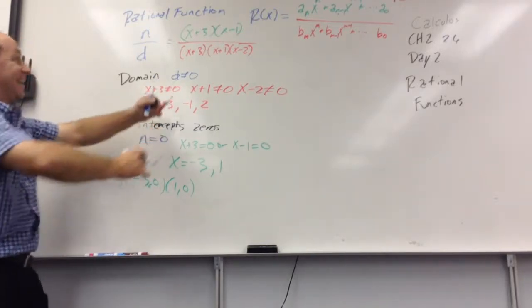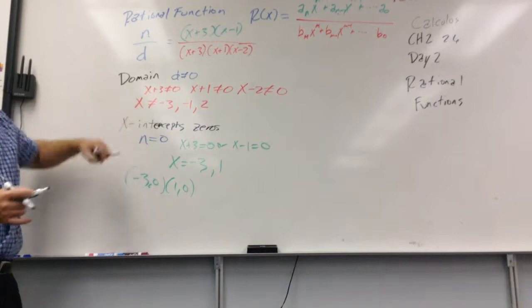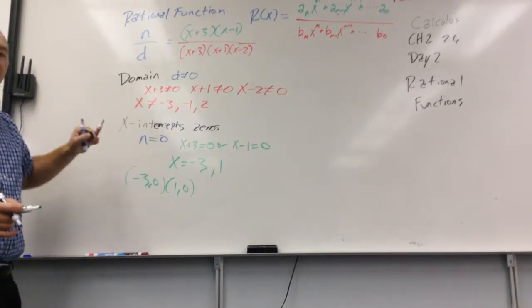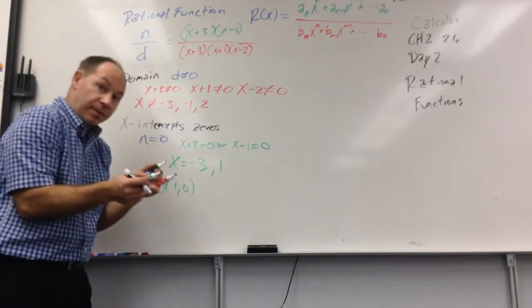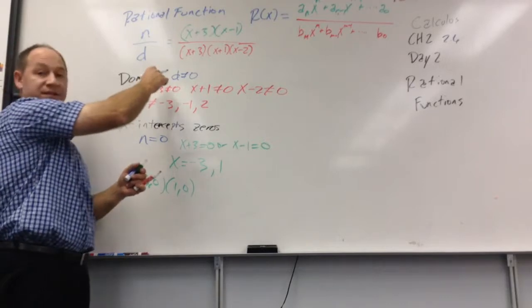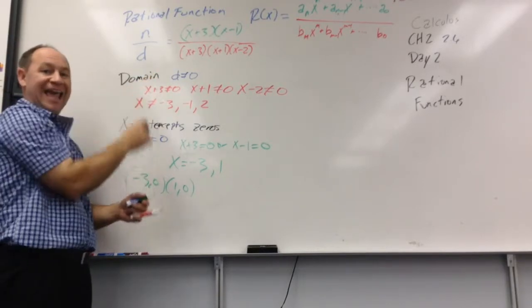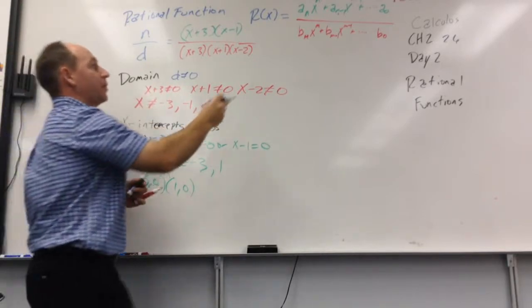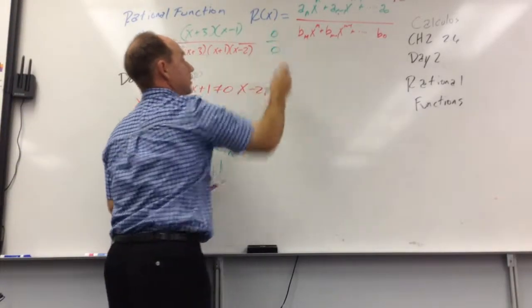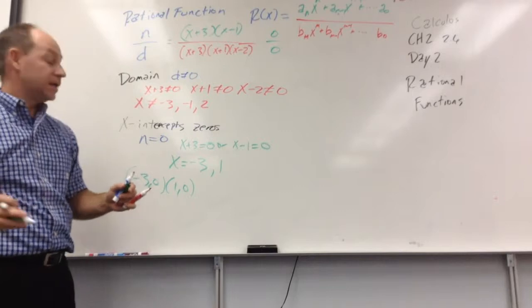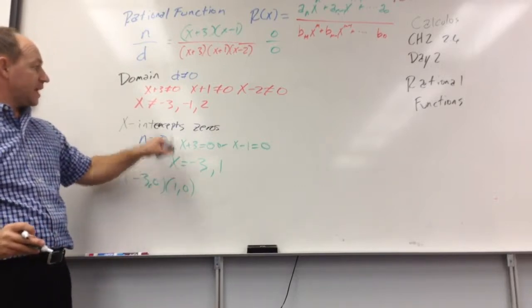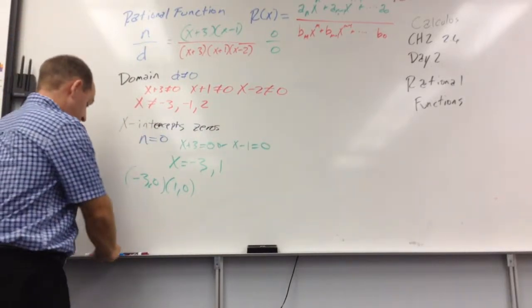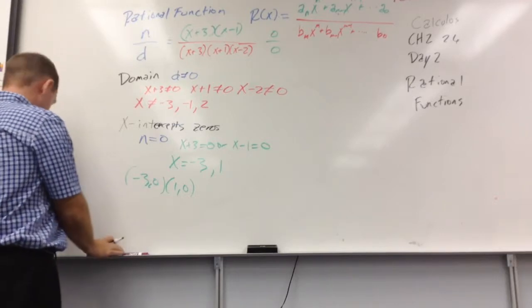Now, I'm going to look at that and say, great, that's in general when that happens. However, if there is ever a number that's both in this list that can't be there for the domain, and in this list that makes it a 0, then I've got problems, because if I put in that number, I'll get 0 over 0. And that's no good. So if there's anything on both of those lists, which there happens to be this time, okay?